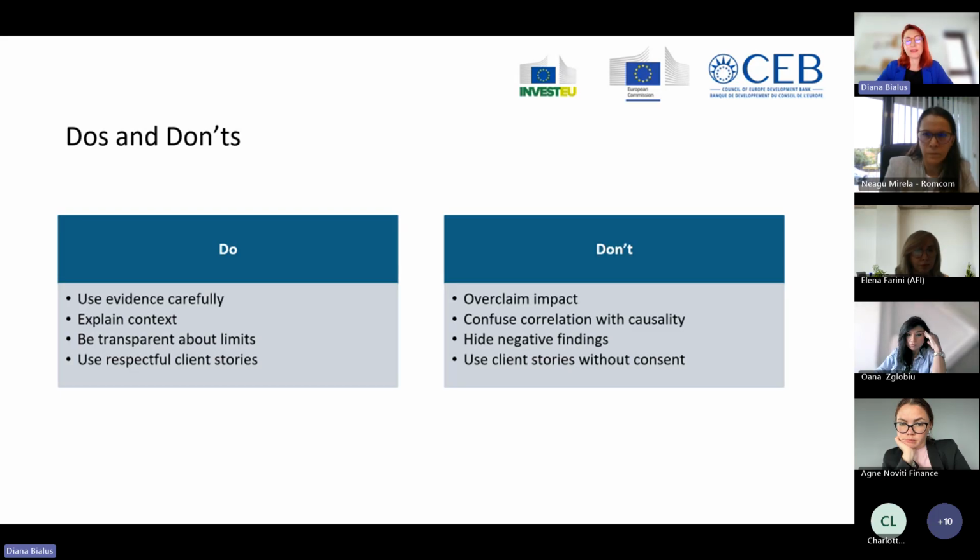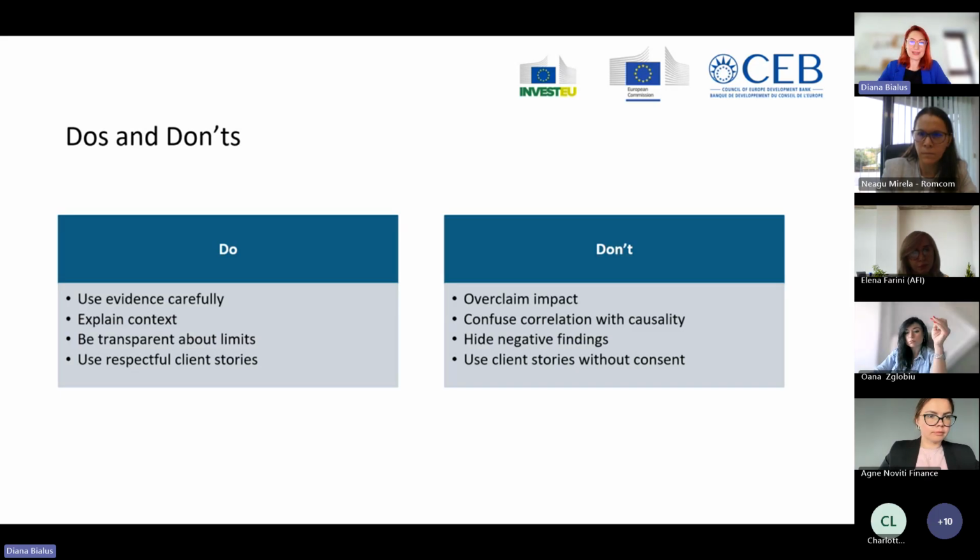Be transparent about data collection limits, so how the data was collected, and maybe where there are some lacks of information, and what kind of assumptions you are using. And then, as just mentioned, be respectful of the client's dignity and privacy.